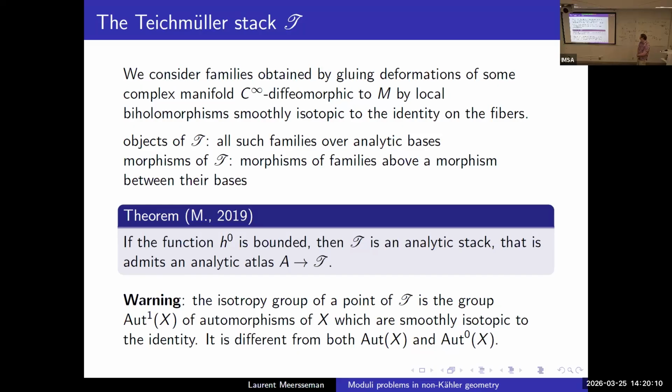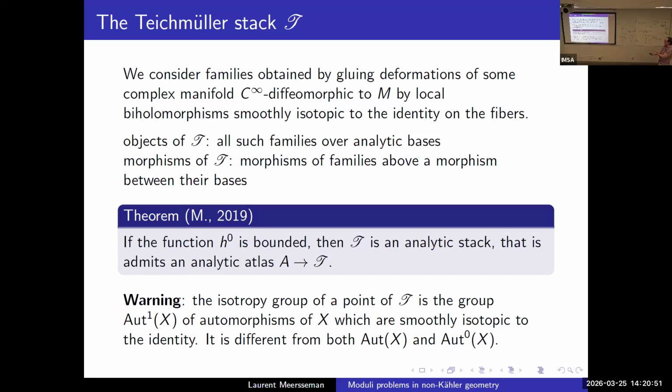So this group is different in general from both the full automorphism group and from the connected component of the identity, because the connected component of the identity here is just the automorphisms that are holomorphically isotopic to the identity. So there are examples. I gave some examples in dimension 3 in the same paper. And then there is a paper by Katzarkov and you with many more examples, including examples of surfaces where all these groups are different.